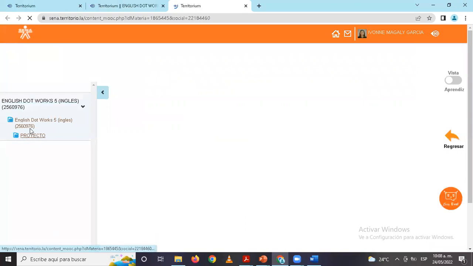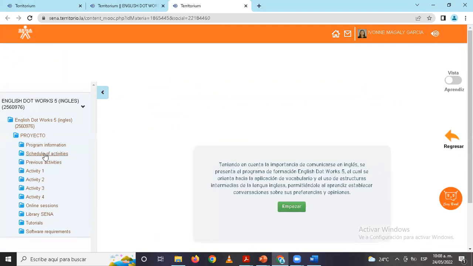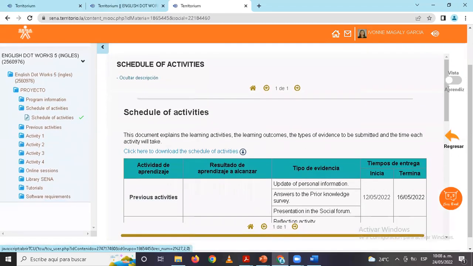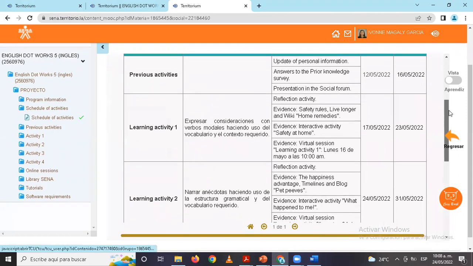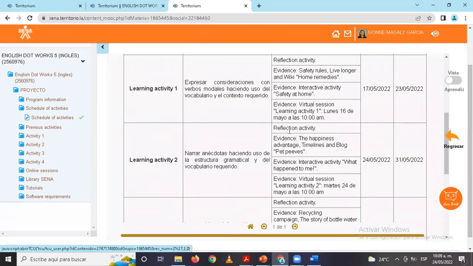Don't forget, here, Proyecto, click on Proyecto, then this is what I want to remind you. Schedule of activities: please take into account that today, 24 May, we are starting learning activity 2, and the activities we will work on are the happiness advantage, timelines, and the blog pet peeves.